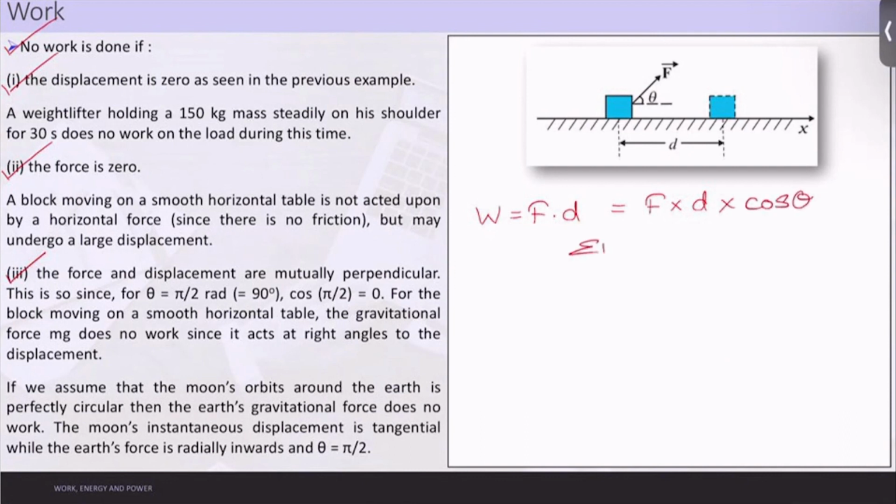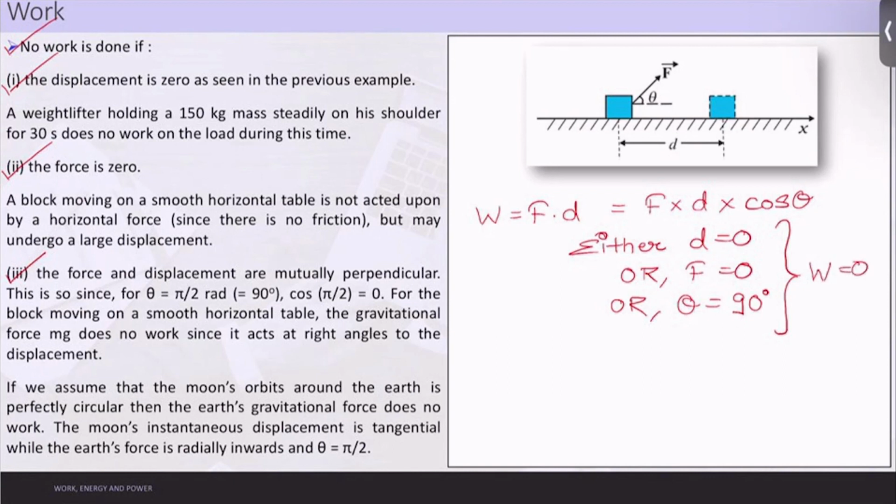So either D is equal to 0 or F is equal to 0 or theta is 90 degrees. In all these cases, the work done is equal to 0.